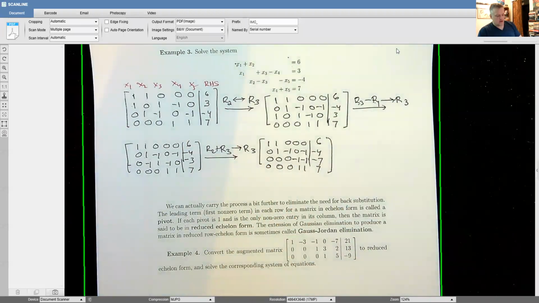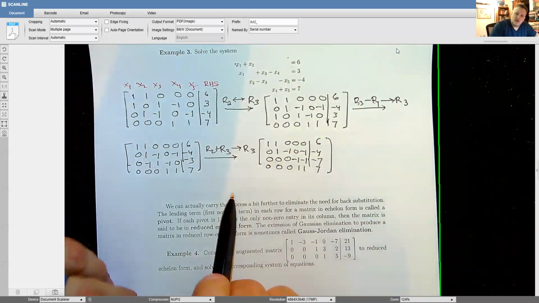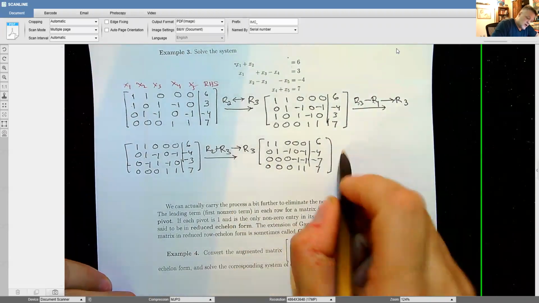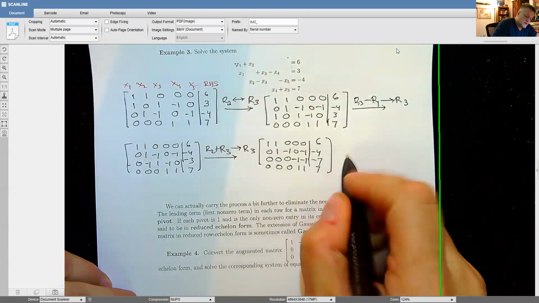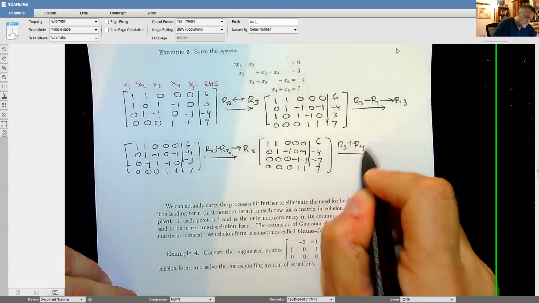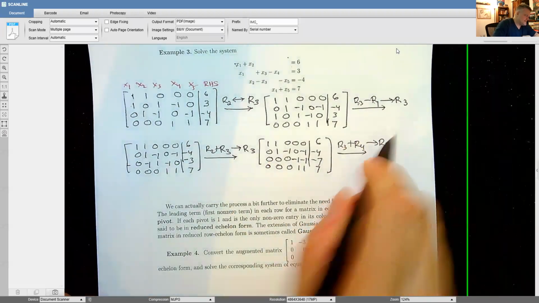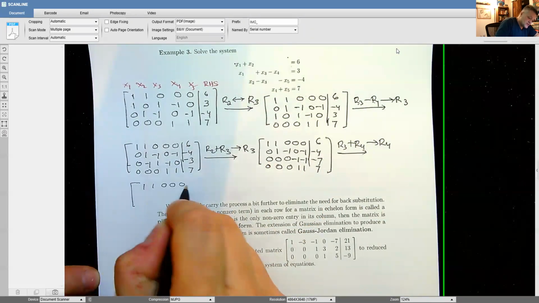Well, now we're still not in echelon form because we have these two rows having the same number of initial zeros. So I need to replace the last row by one with more initial zeros. So what I'll do is add R3 to R4 and replace R4 by that. Okay, keep the first three rows actually the same.